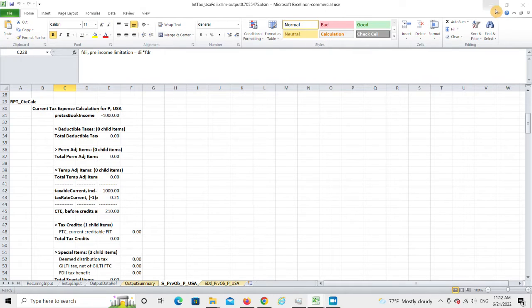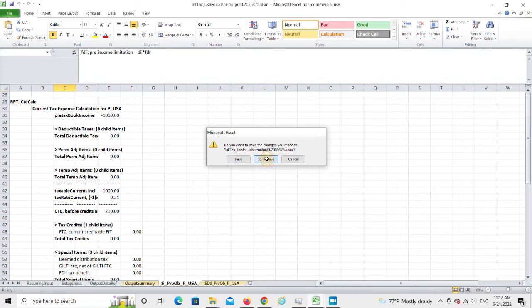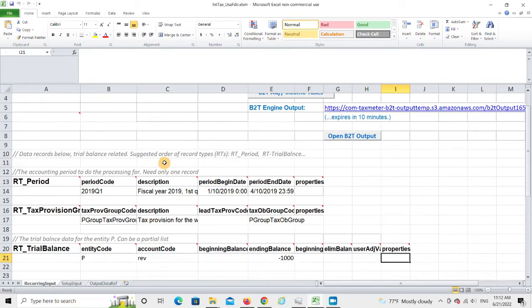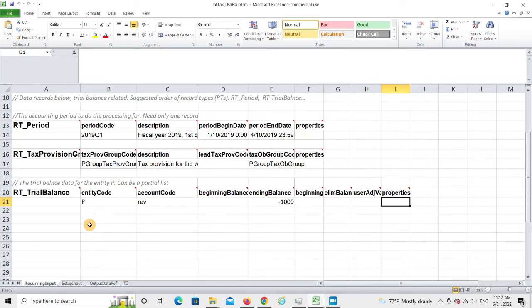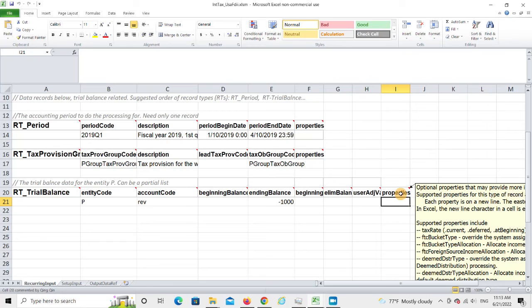So we're going to close this output file and go back to the input file. We want to tell the engine that for this 1,000 income, 200 of it, or 20% of it, is foreign derived. And we can specify an allocation for that purpose.